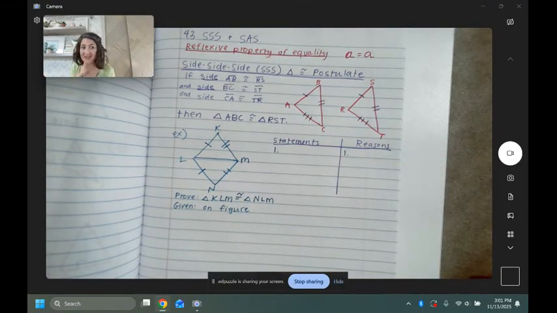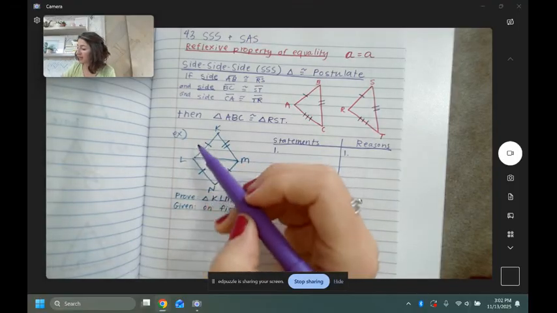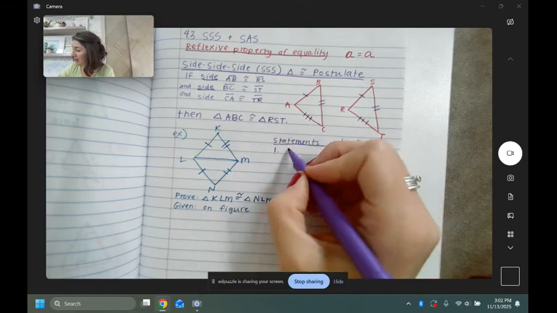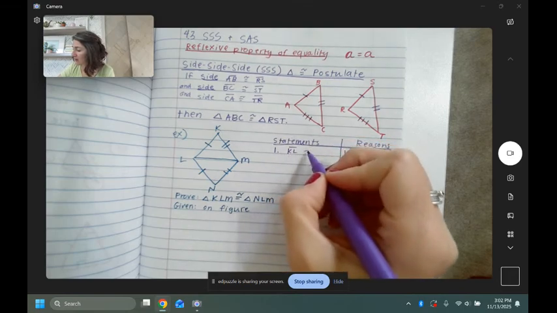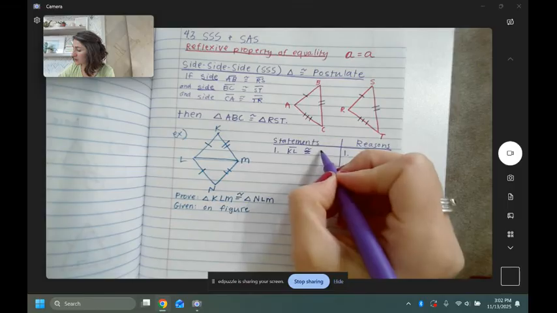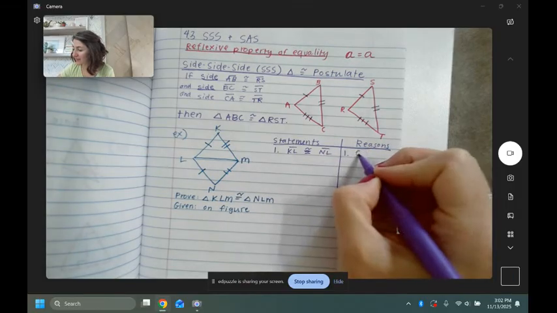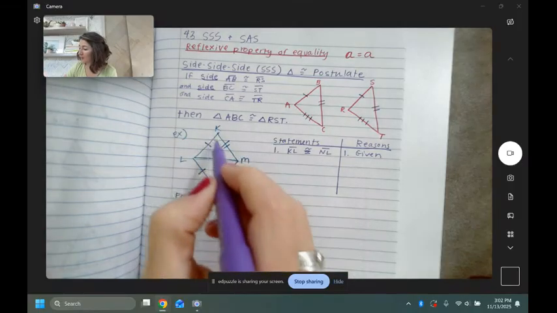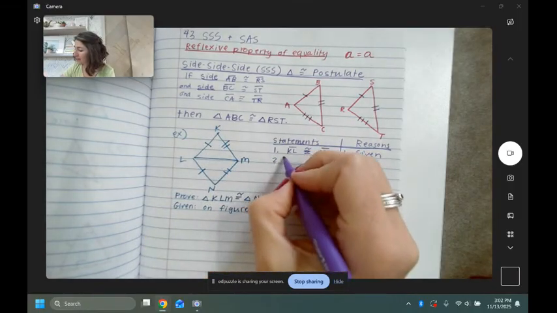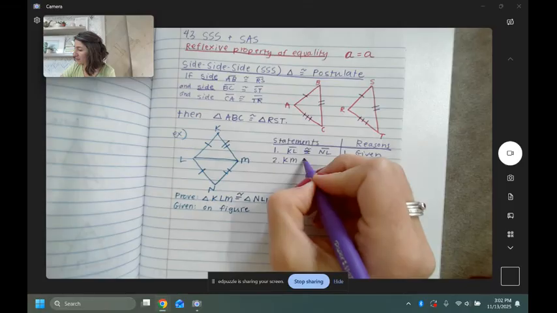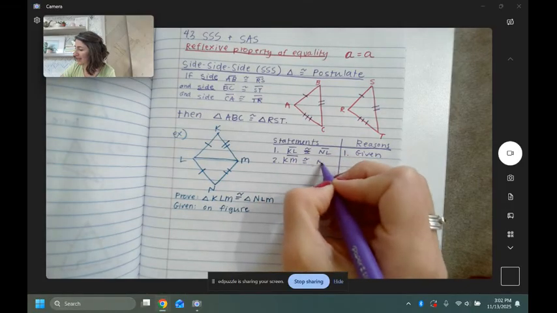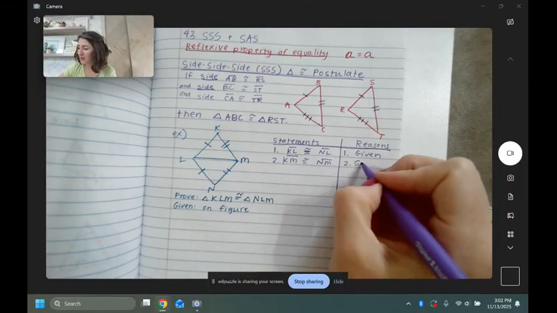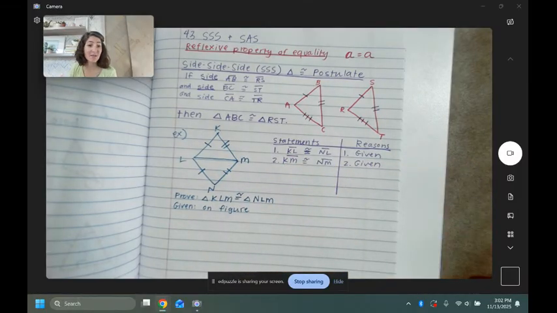So my first piece of given information is that KL is congruent to NL. That's given. It was printed on the triangle. And then also KM is congruent to NM.